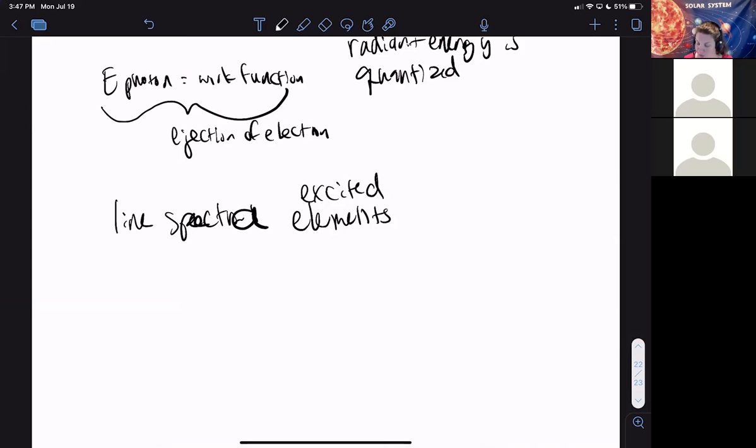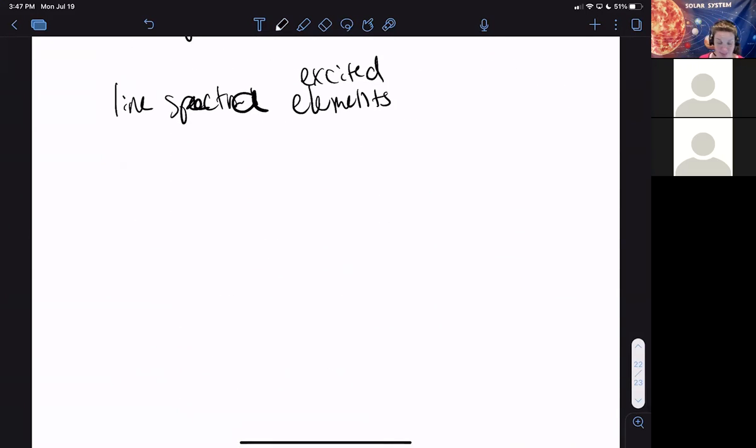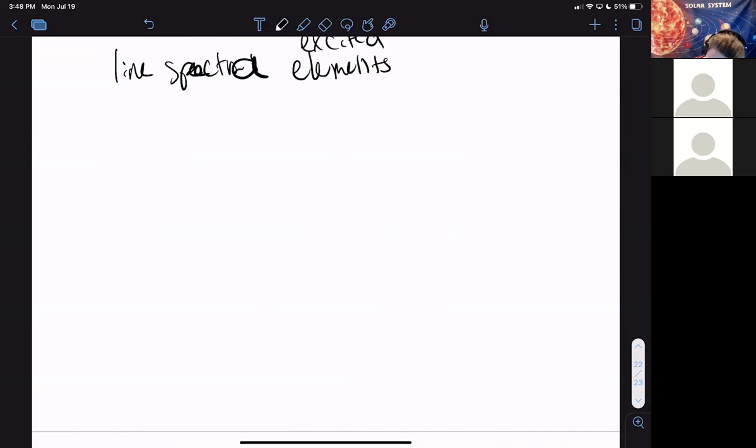And we saw this when we were looking at the lab last Tuesday. So if you have H2 and it gets excited by passing current through it, it's going to emit light.